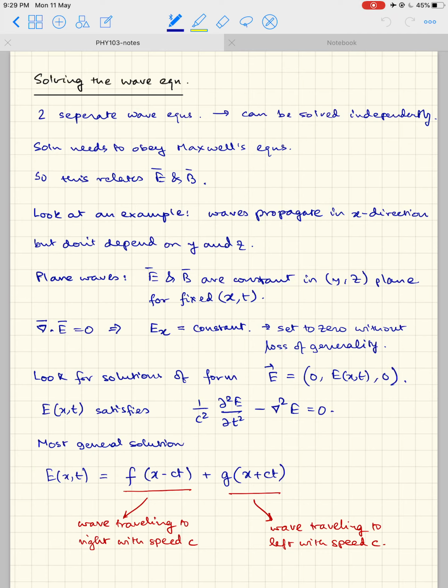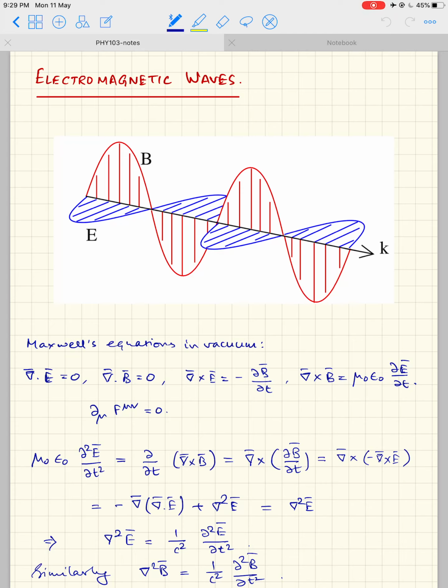So we looked at an example where the wave propagates in the x direction, and does not depend on y or z. These are plane waves. What we found is that the wave traveled along the x-axis given by k, E was in the y-axis and B was in the z-axis.